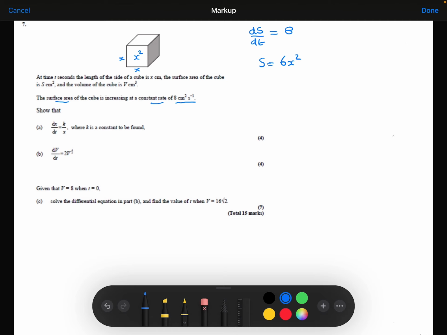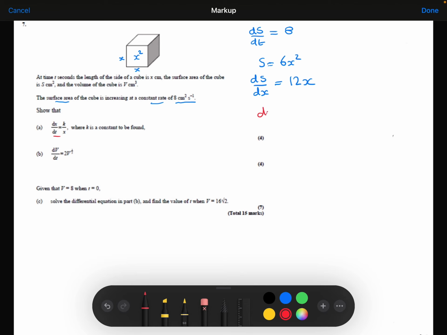So what I could do then is differentiate s with respect to x and get ds by dx equals 12x. Right, I can use these results to get dx by dt, what I want.